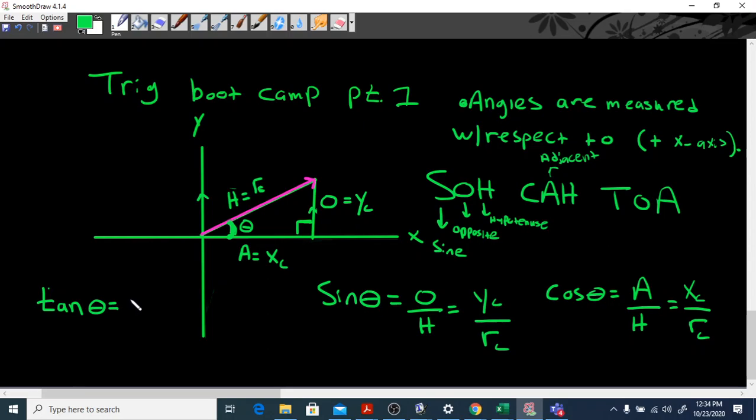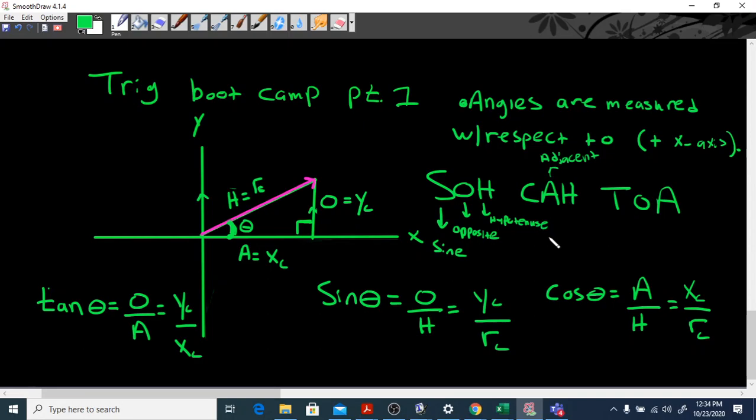Tangent is opposite over adjacent, and in terms of x, y, and r, that's the y component over the x component. There we go: here's the mnemonic device and the definitions that they represent.